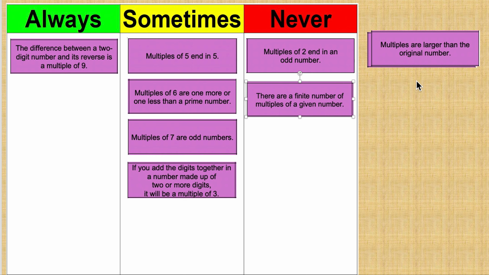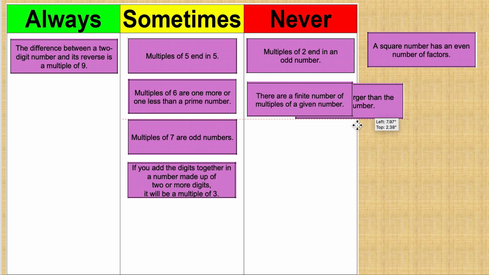But some kids will consider, or some adults even will consider, that the number times 1 is also a multiple. And in that case, the result to a number times 1 is not larger than the original number. And so I might be tempted to say that this is sometimes instead of always.